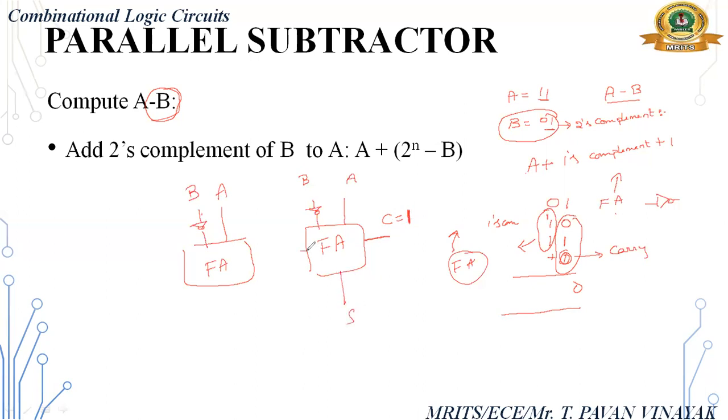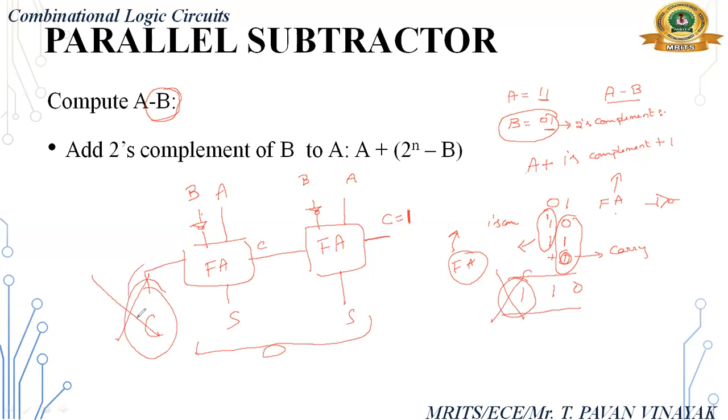So sum, carry. Now see, 1 plus 1 plus 1 is how much? 1 plus 1 plus 1 is 3, which is 1 1, right? After this, what do you do in 2's complement? We discard the carry, right? So we don't take this carry output. We consider only the sum outputs.